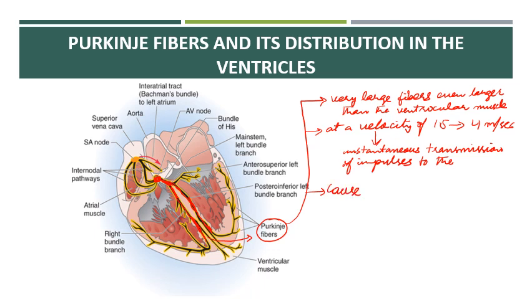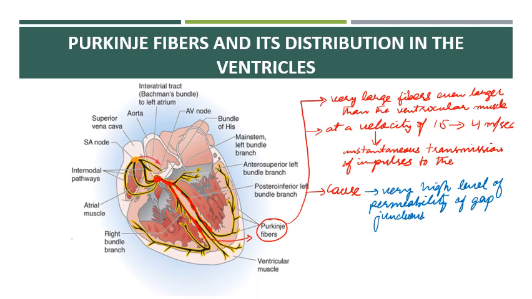The cause of rapid transmission through the Purkinje fibers is the very high level of permeability of gap junctions present at intercalated discs between successive cells that make up the Purkinje fibers.